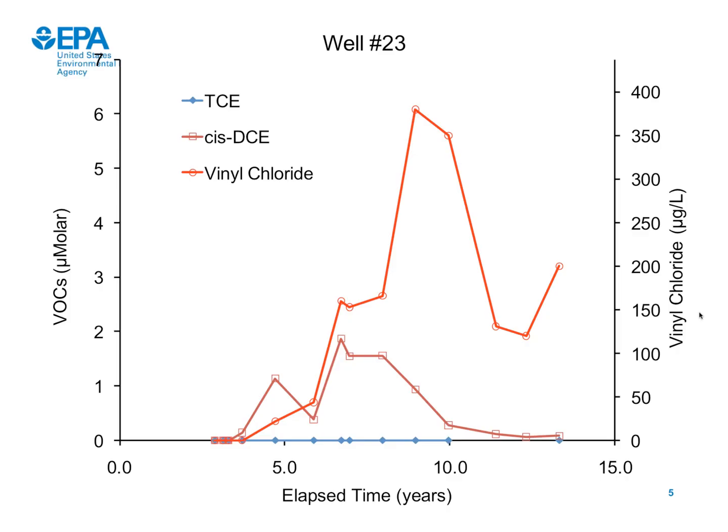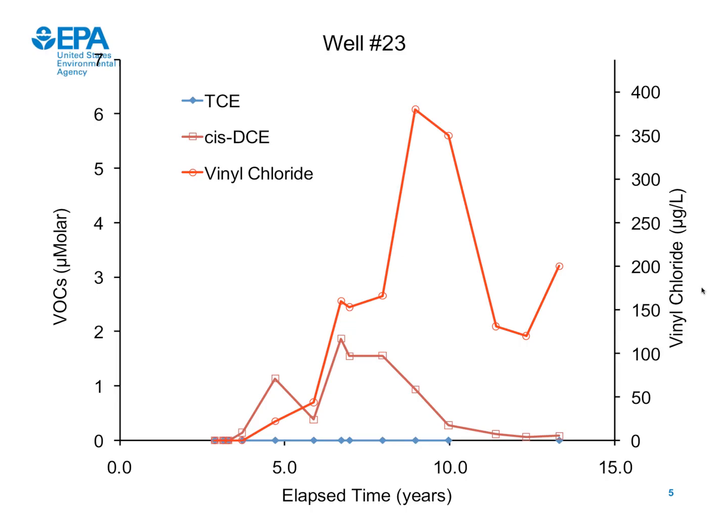And then in the last 5 years or so, it may look like the vinyl chloride concentrations are going down. If you show a figure like this to a regulator in the United States and say, I believe that vinyl chloride is degrading at this site, you'll get a look of skepticism and bemusement, like, okay, I don't see that in the data.